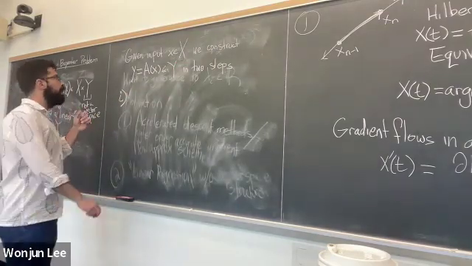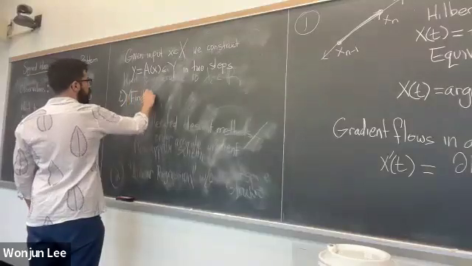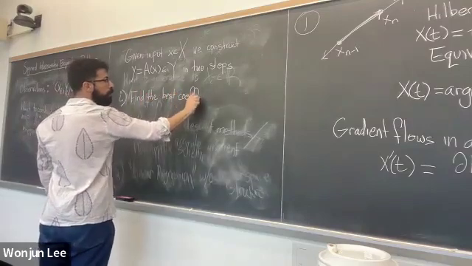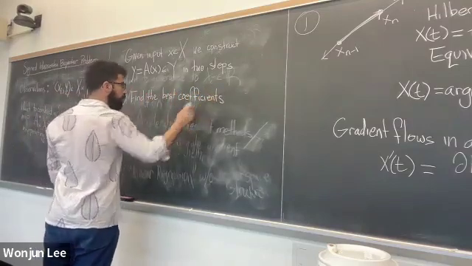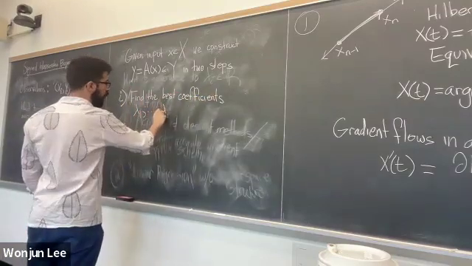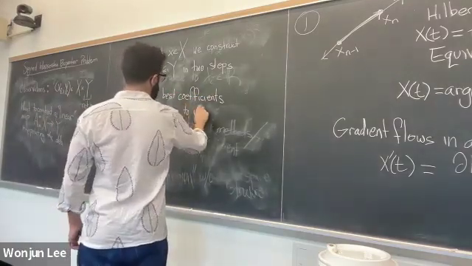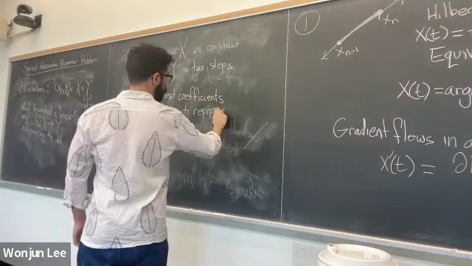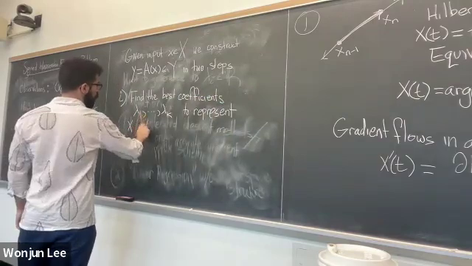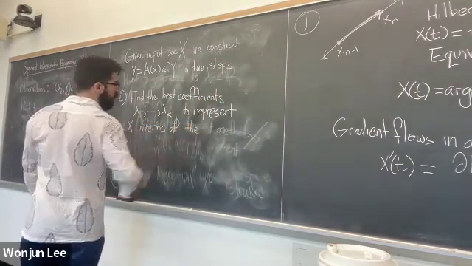Okay, so the first step is find the best coefficients lambda 1 through lambda k to represent x in terms of the xi's.